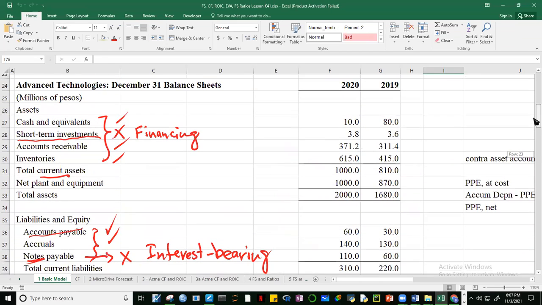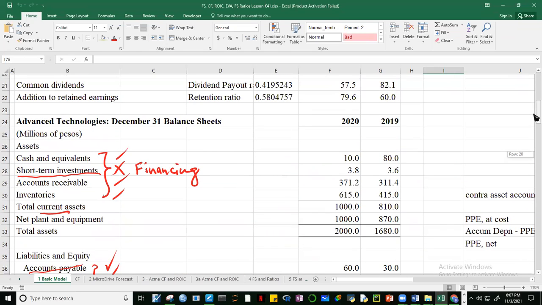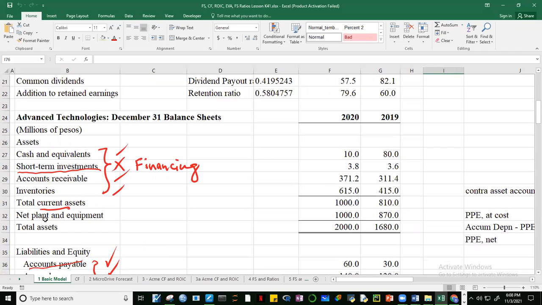So last time we looked at how we measure operating current assets. If we take a look at Advanced Technologies, we learned that current assets actually has five parts: cash and cash equivalents, short-term investments, receivables, inventories, and prepayments. For this company, they only have four. They don't have prepayments.